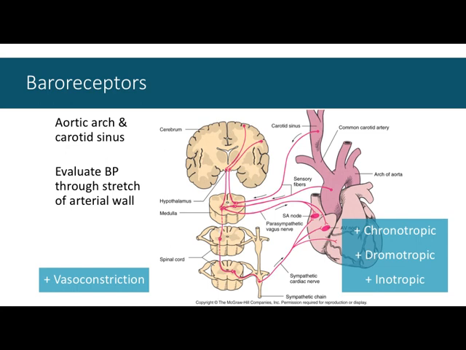Often overlooked, but in line with this chronotropic effect, the firing rate, is facilitating the speed of signal conduction. That is a positive dromotropic effect. We can increase the speed that action potentials are sent through the conducting pathways of the heart.